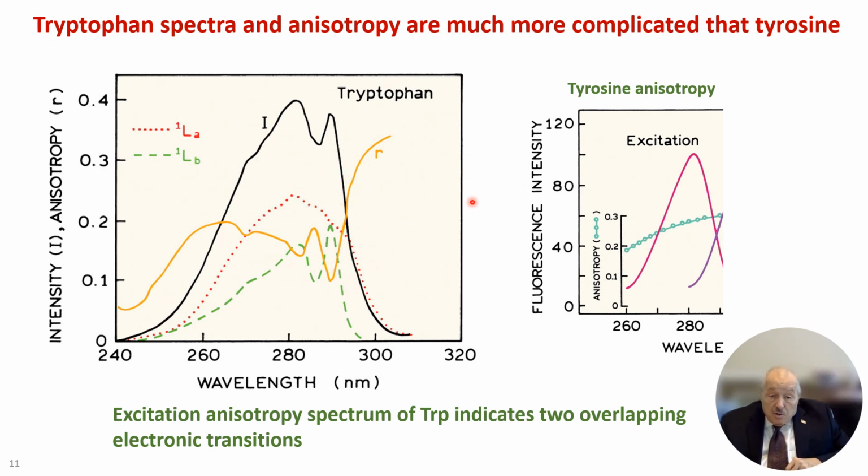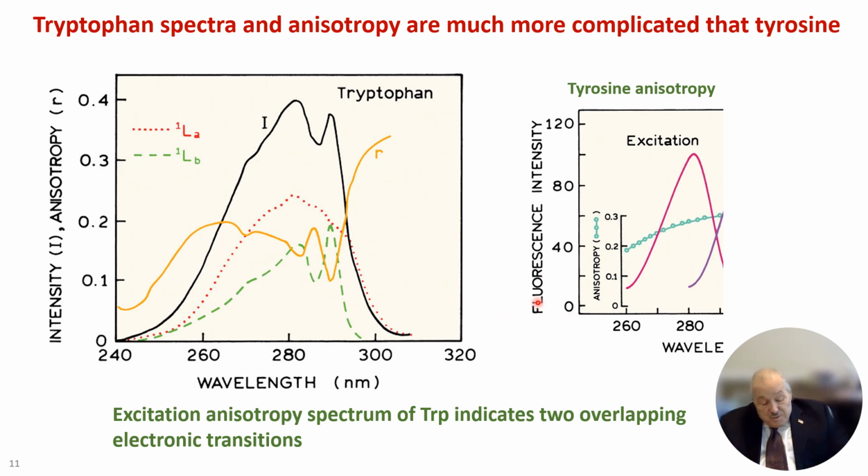And this total absorption of tryptophan, which is structured now, because it's a combination of the absorption of the 1LB state and the absorption of the 1LA state. And this has caused no end of headaches.